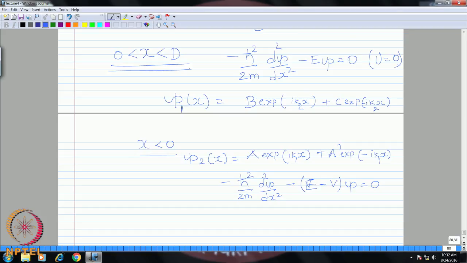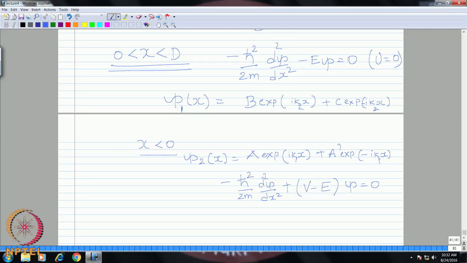We can also write this in a slightly different form, I am just making you aware, so that you are not all the time doing the same thing. So, you can also write this as plus V minus E. So, in this case, what will happen to the solution?